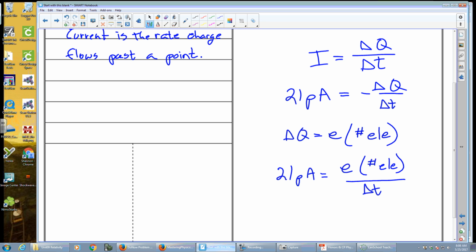So now just rearrange that. You have the value of a single electron, 1.602 times 10 to the minus 19 coulombs. So it's just a rearrangement now, right? Yes, no, maybe, algebra.